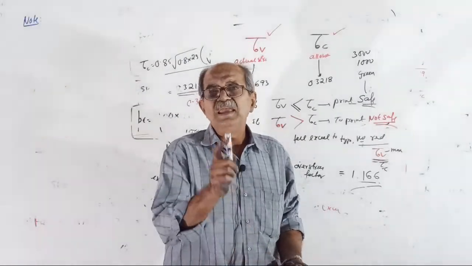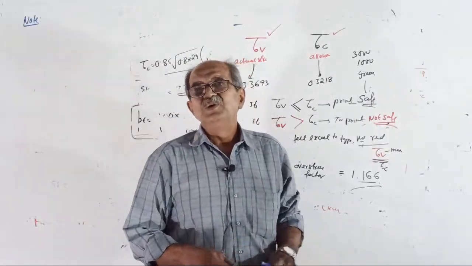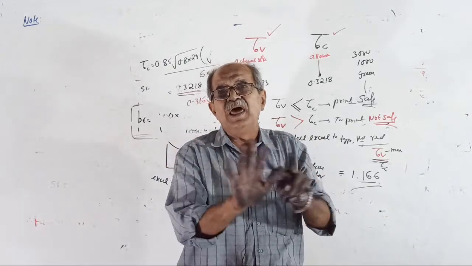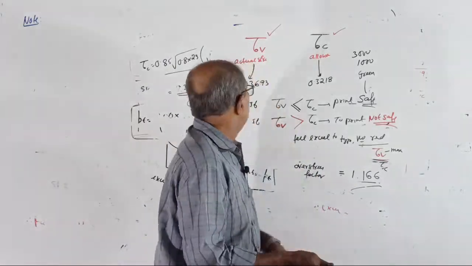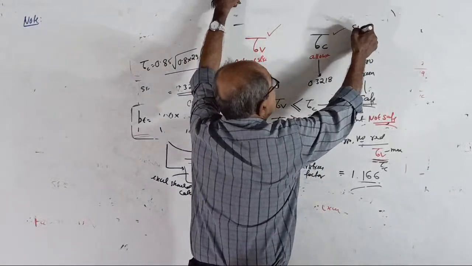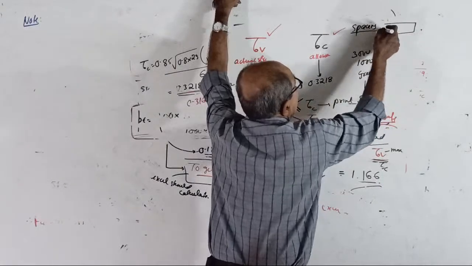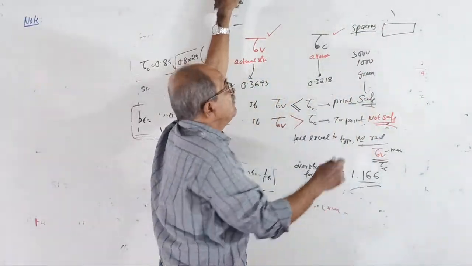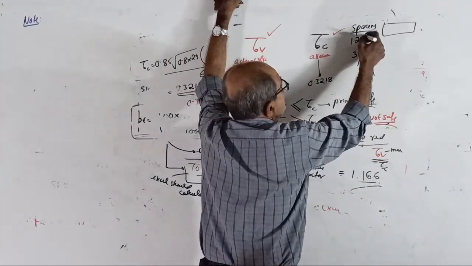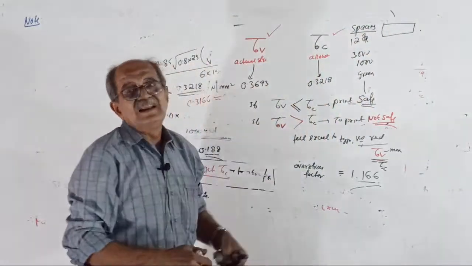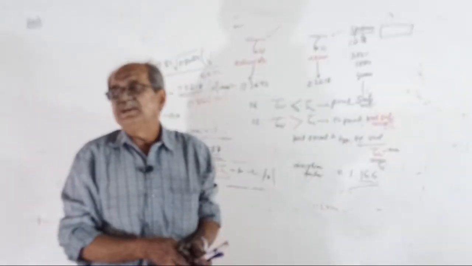Now, if you are increasing steel, you don't have to do interpolation. I will tell you what to do. See, in the spacing column, tell me how much you typed there for 12 tor earlier. You don't have to do interpolation.